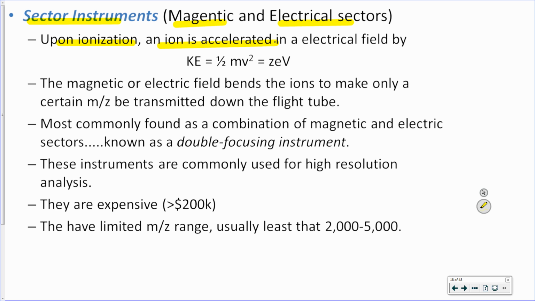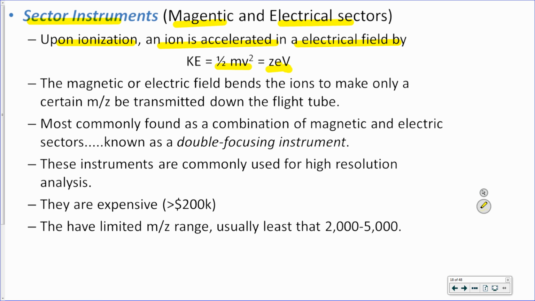That ion is placed in an electric field, and typically the potential is in the neighborhood of thousands of volts. So you've got this ion in a vacuum, and it experiences a potential, let's say 5,000 volts. It accelerates so that it has a kinetic energy, 1/2 mv squared, equal to its charge times the potential. This is the electrical force equation.